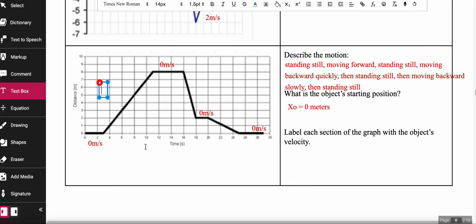So for this first one, my rise goes from 0 to 8, so that's just 8 meters. My run, though, goes from 3, okay, because it's right between 2 and 4, to 11, which is right between 10 and 12. So my run is 8 seconds. So my velocity here is 1 meter per second.